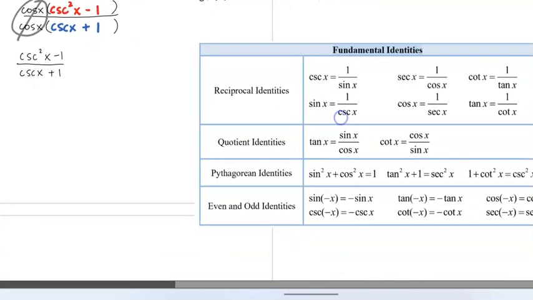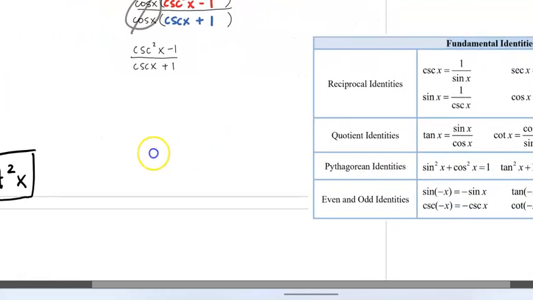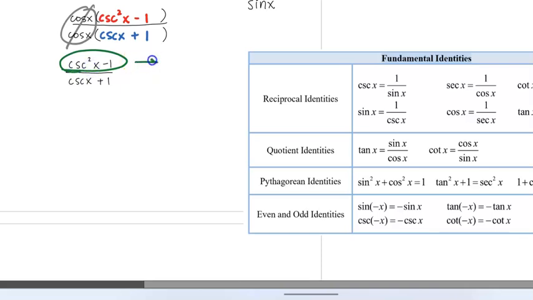I do want to mention something about the expression in the numerator, because we had just said that if we see squared trig functions and 1s that we could use a Pythagorean identity. So I could understand the urge to replace this numerator with cotangent squared. This is not what we're going to do, but I want to explain why. This is correct, technically, but it doesn't help us simplify this expression because I can't cancel anything out in here.